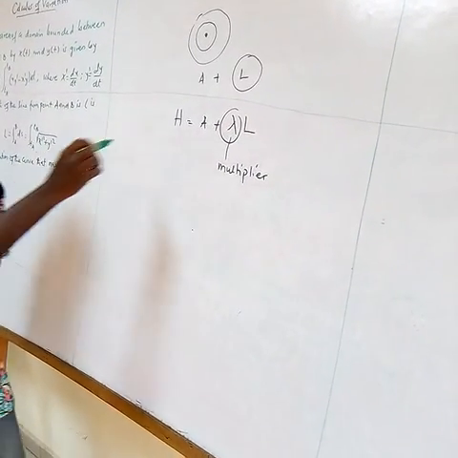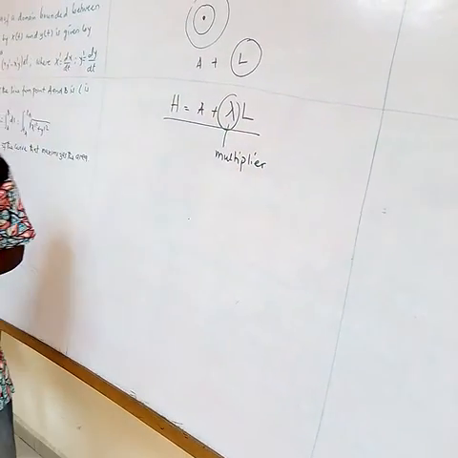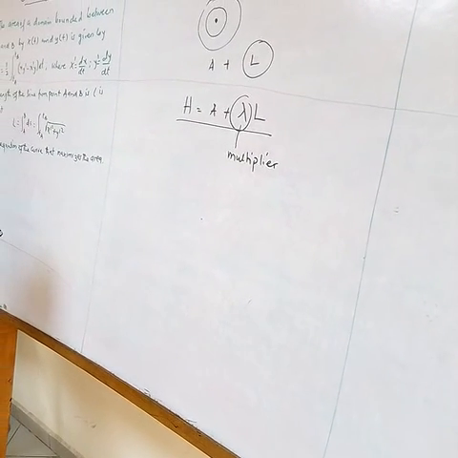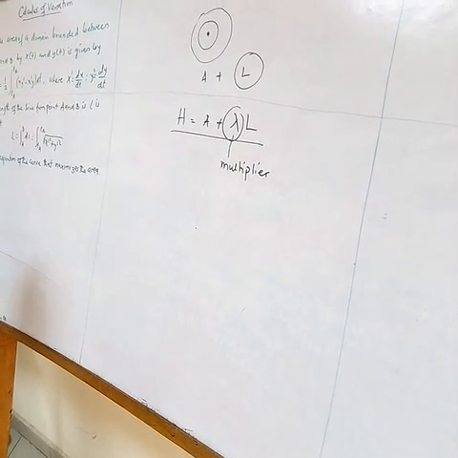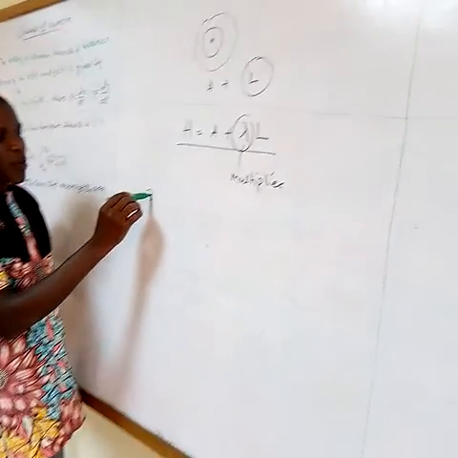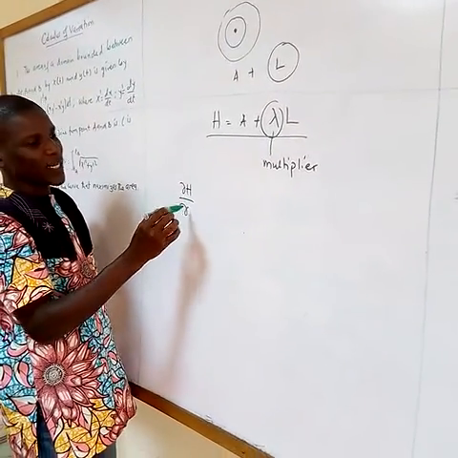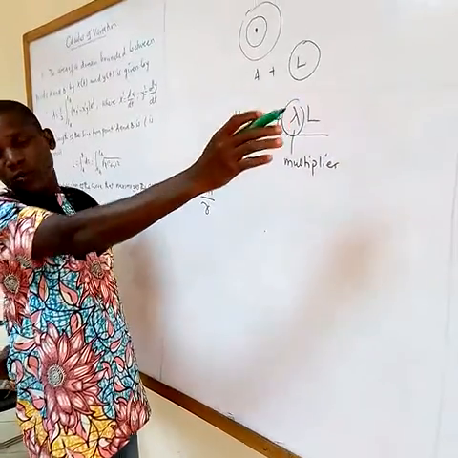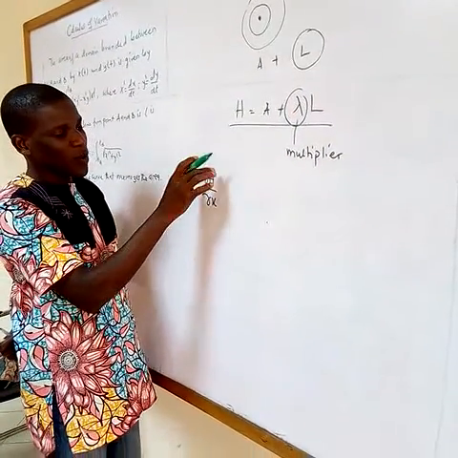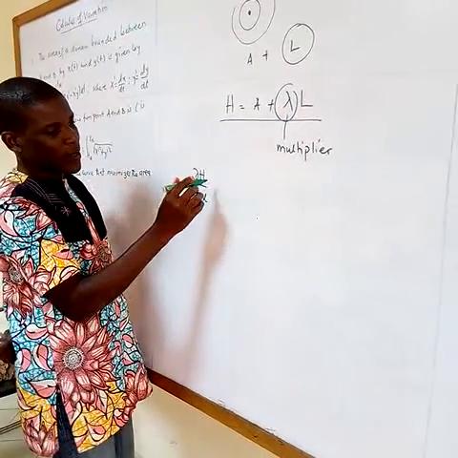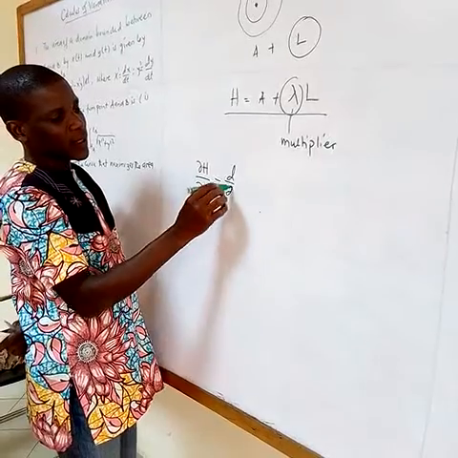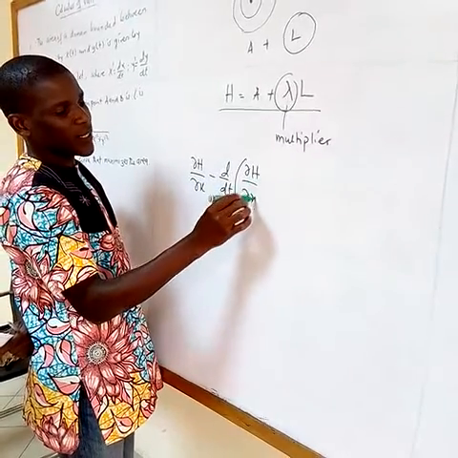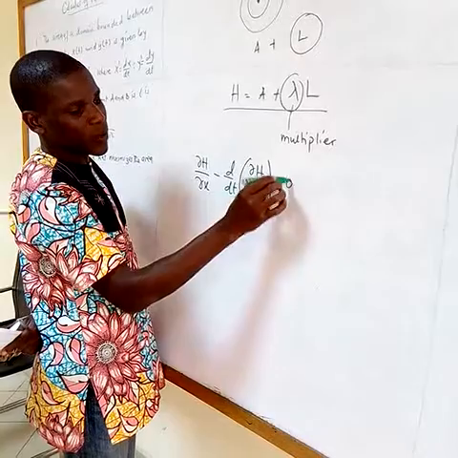Once you are able to establish this equation, then the problem is solved. Then the next thing you have to apply now is the Lagrangian equation, which is partial h, partial. You have to look at all the variables in the equation. If you have x, it will be partial h, partial x minus d dt into partial h, partial x prime is equal to 0.